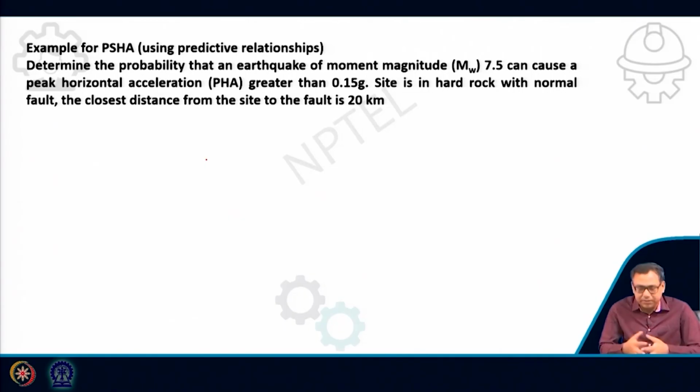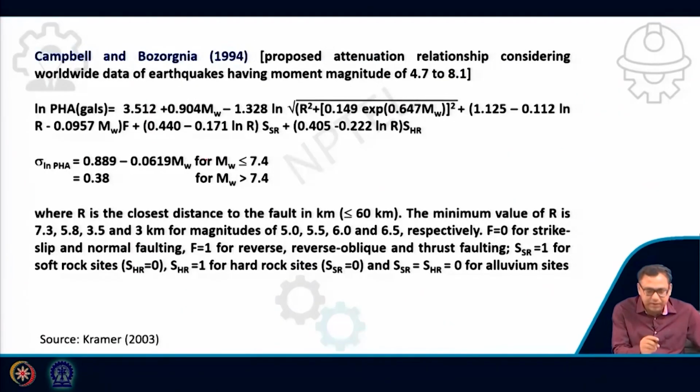The site is in hard rock with a normal fault, and the closest distance from the site to the fault is 20 kilometers. So here the rock type is given, and the fault nature is given. So I can use these Campbell and Bozorgnia 1994 relationships.